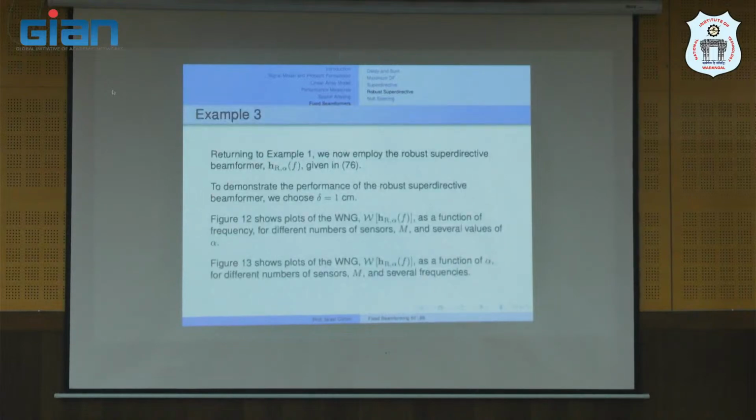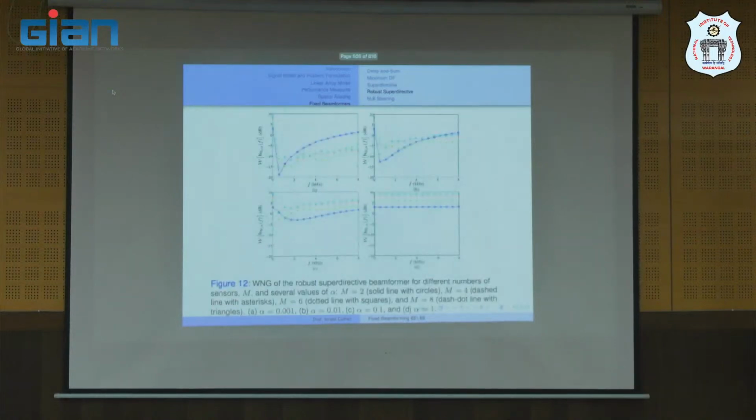So if we go to the example that we showed before with the maximum directivity factor, and we take regularization coefficient alpha, you see here in this example the white noise gain that is achieved, the white noise gain as a function of frequency for different numbers of sensors.